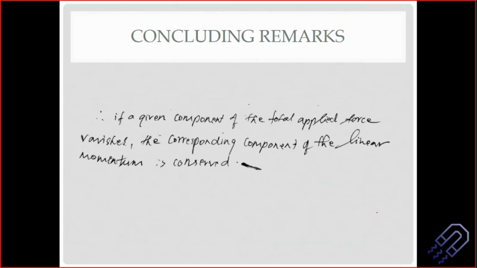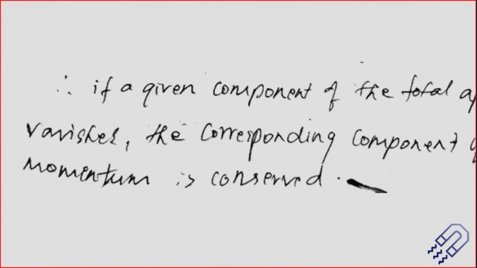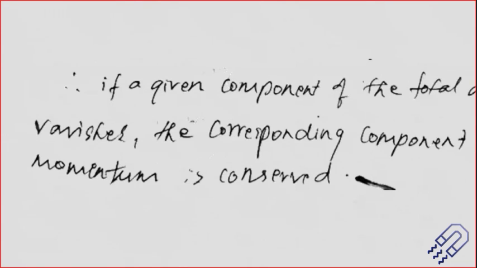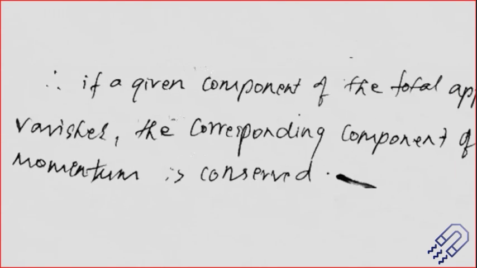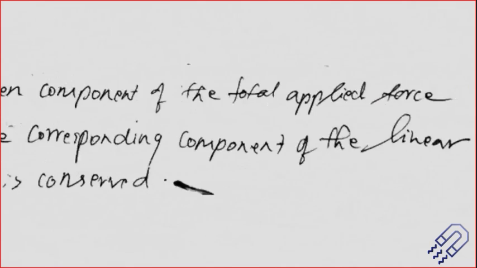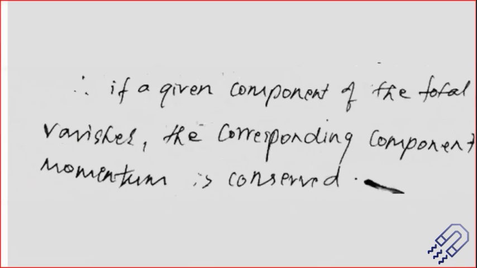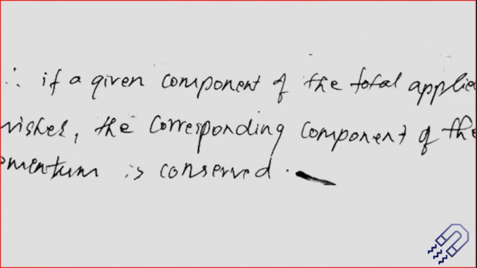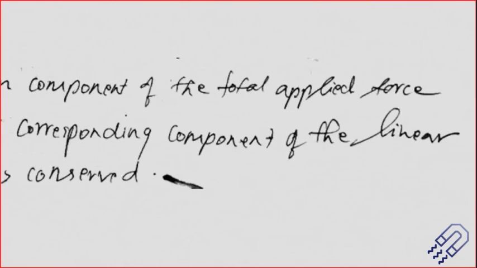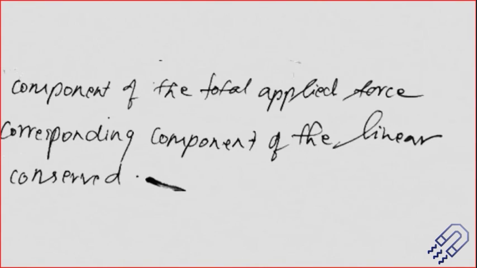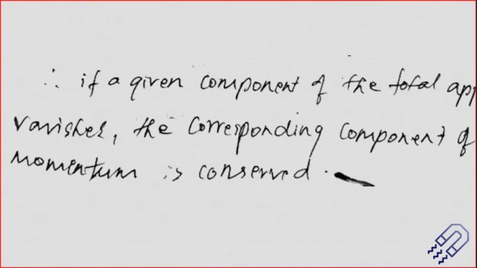So what's our conclusion? Our concluding remark is, read this very carefully: if the given component of the total applied force vanishes, so that means capital Q vanishes, the corresponding component of the linear momentum is conserved.